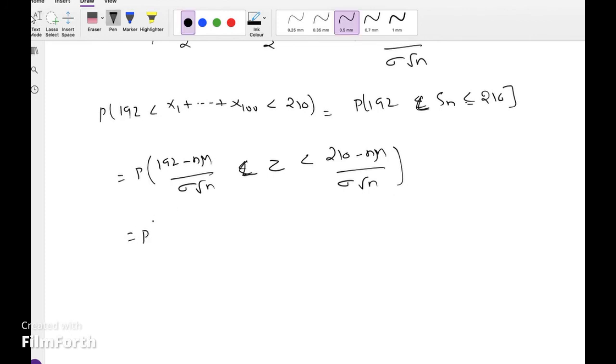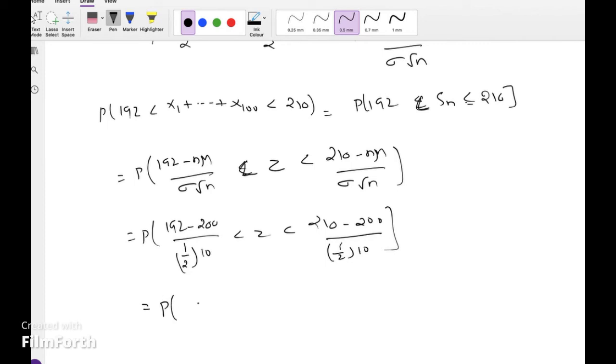So that is equal to probability of (192 minus n mu) by (sigma into square root of n) less than z less than (210 minus 200) by (1 by 2 into 10). Here n mu is 100 into 2, so 200, sigma is 1 by 2, and the square root of 100 is 10.